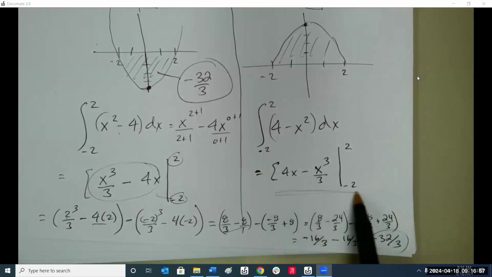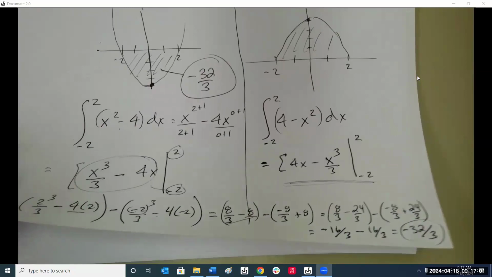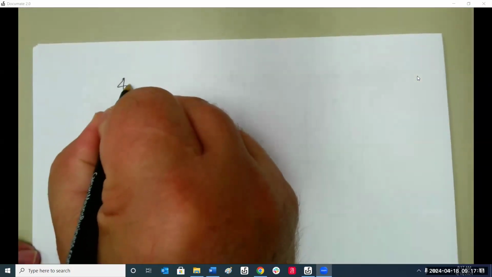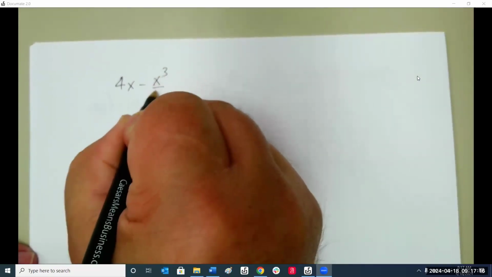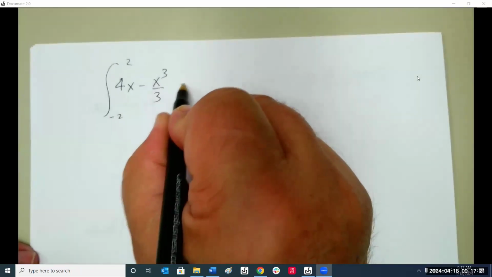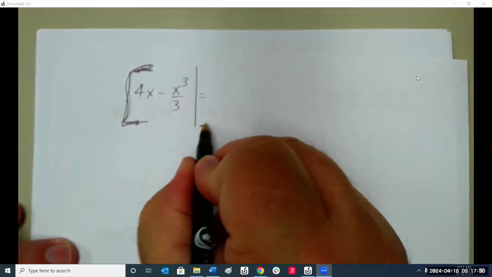Let's do the same thing with this side. That's going to be 4x minus x cubed over 3. No, that's the integral. Yeah, that's already done. It's from -2 to 2.